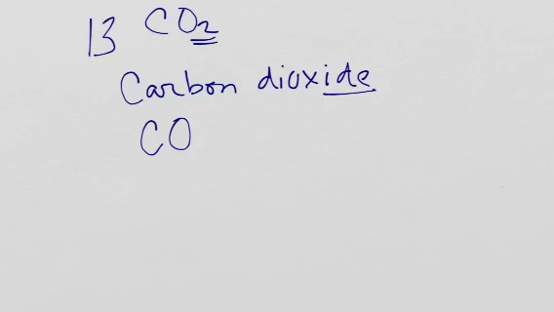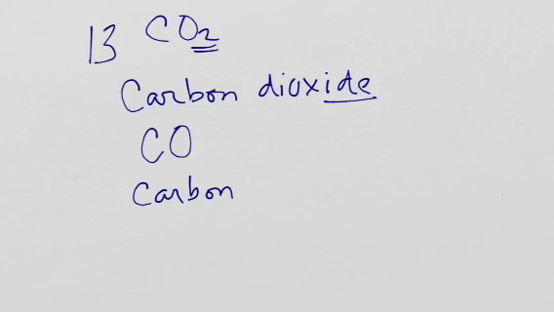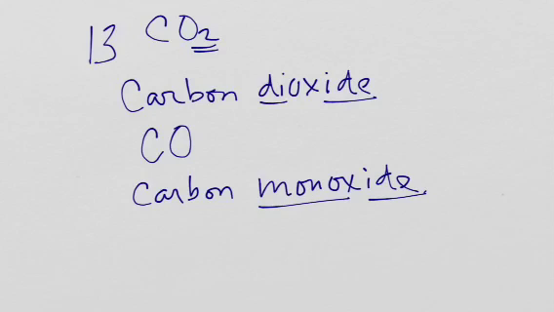If there's only one element, the prefix is mono, right? Mono means 1. Carbon monoxide. Carbon monoxide is poisonous. You can die from inhaling carbon monoxide, right? So the prefix exists. This would be carbon monoxide. So mono and then IDE. Di and then IDE.